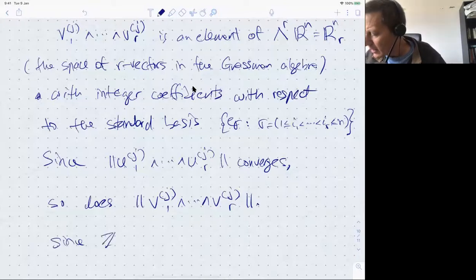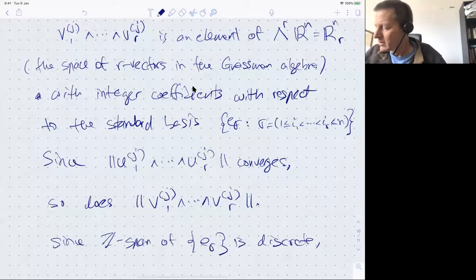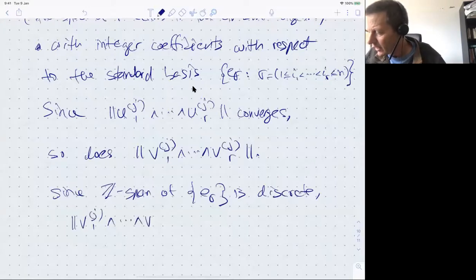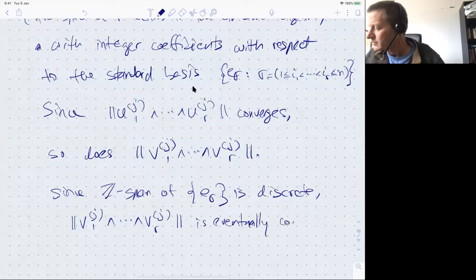the z-span of these sets E sigma is discrete, this length is eventually constant because it converges in a discrete set.